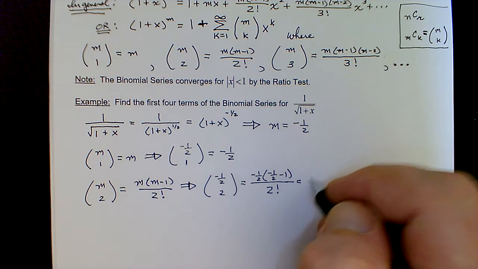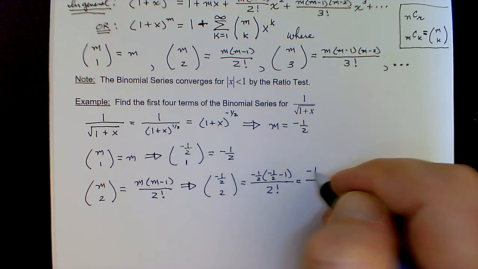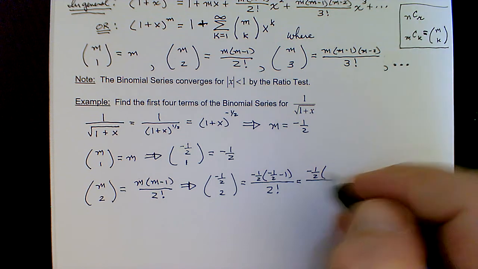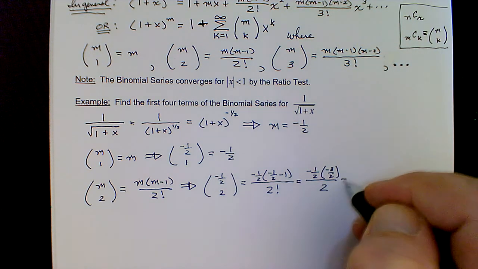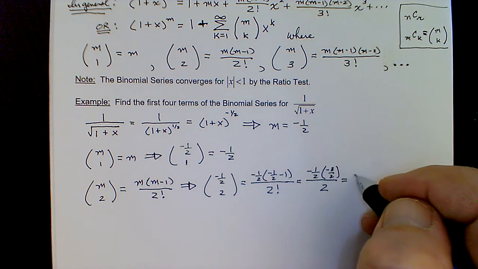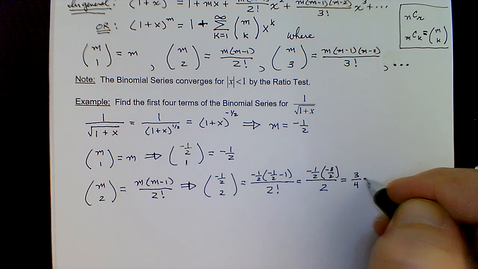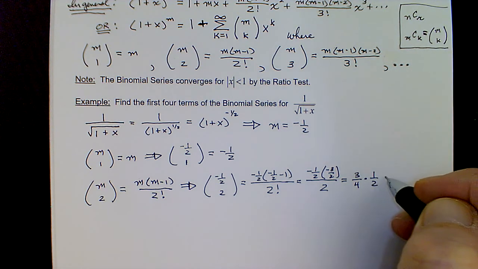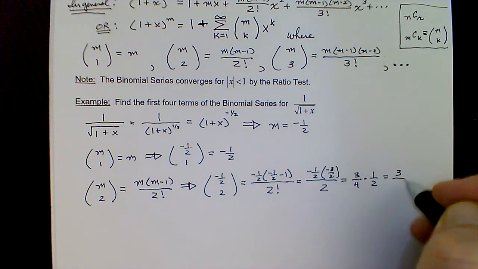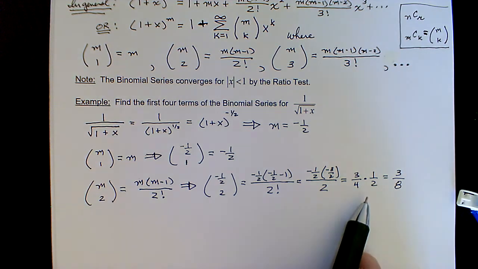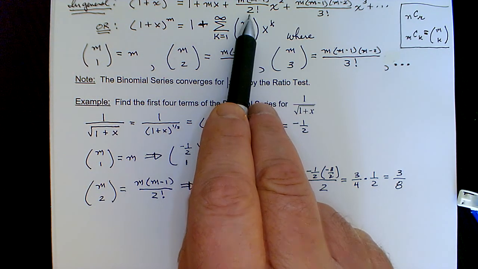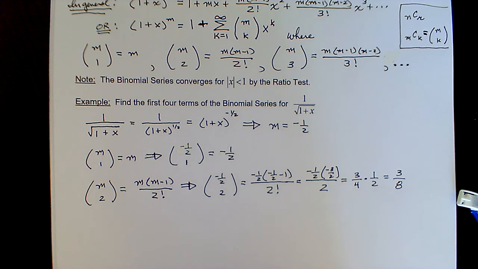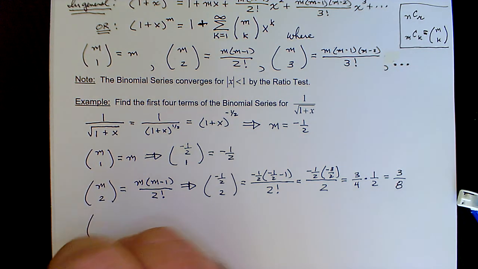So this can be negative 1/2 times minus 1/2 minus 1, which is minus 3/2, over 2 factorial, which is 2. Okay, that gives us positive 3/4. And then times the reciprocal of the denominator, 1/2, gives us 3/8. So that's basically our third coefficient, m times m minus 1 over 2 factorial in our general formula. And then we just need one more, m choose 3.